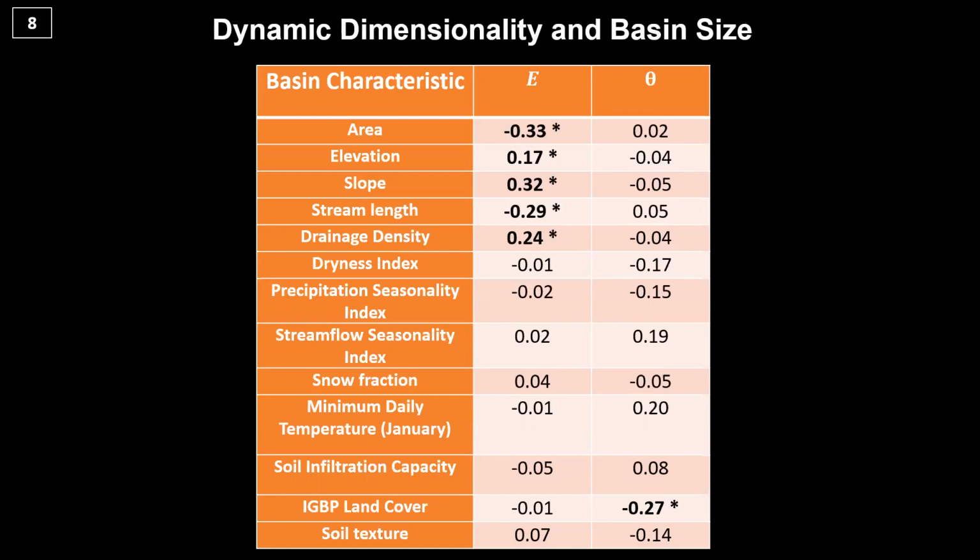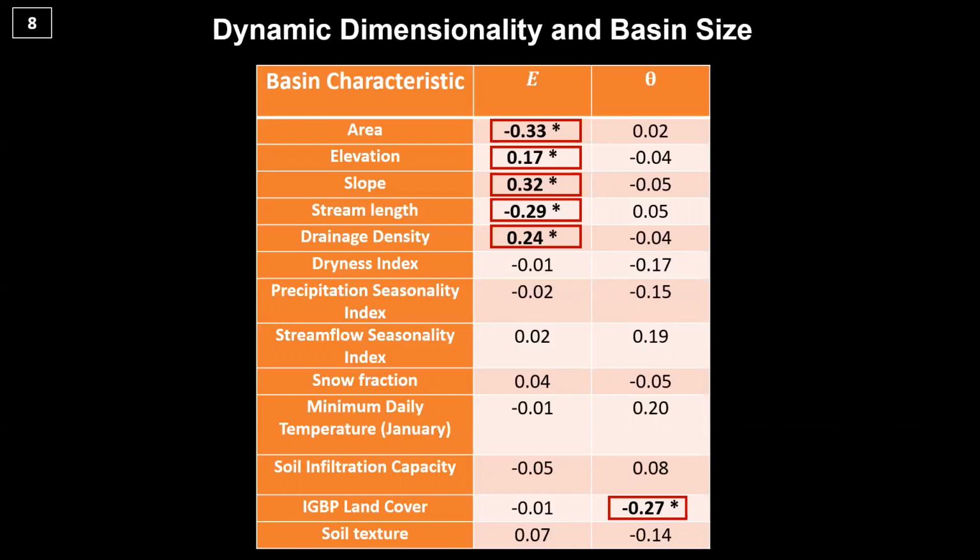And this table shows the value of the Spearman correlation coefficient between the basin properties and the 2 complexity indices of E and theta. And the values shown in red boxes are statistically significant at a significance level of 0.05.